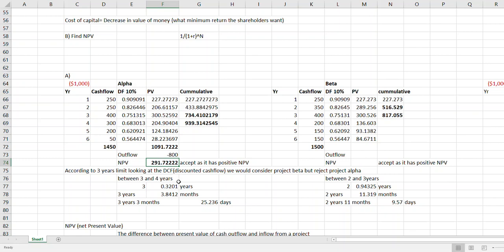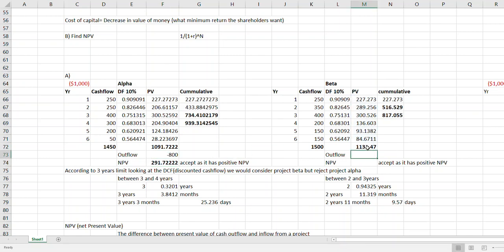Now if this is positive, it means this project increases the worth of the shareholders, and it should be accepted. Because our limit is between 3 and 4 years, we will reject it. Otherwise, this project does not decrease worth of the business. So the value that this project gives us in real terms is more than the money that we are spending on it.